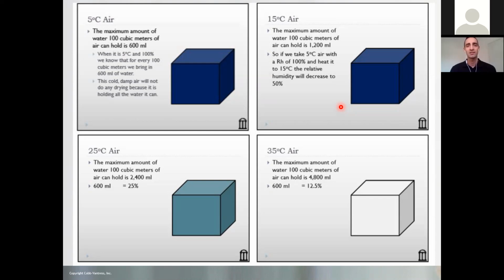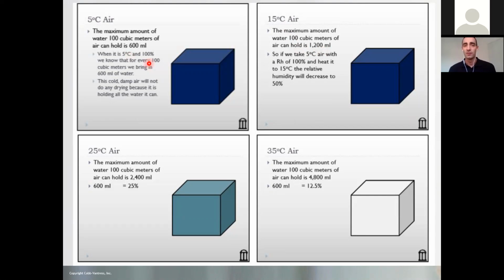If we increase the temperature of that air by 10 degrees Celsius, so it's now 15, it's the same volume of air. We haven't changed the amount of air that we've brought in. It's still 100 cubic meters. But now its relative humidity is a lot lower, and it can hold double the amount of moisture, 1,200 milliliters.